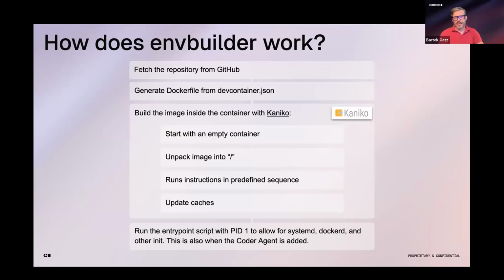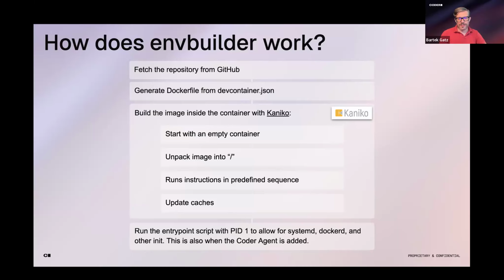And then we build the image inside of this dev container. The important thing is that this image actually becomes the workspace. This is the original workspace that you would have received through the process of Terraform, now being formatted to contain everything that the devcontainer.json definition contains.